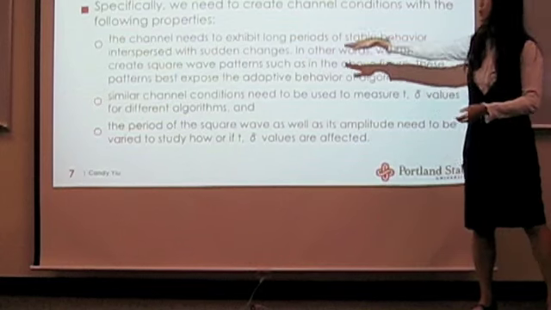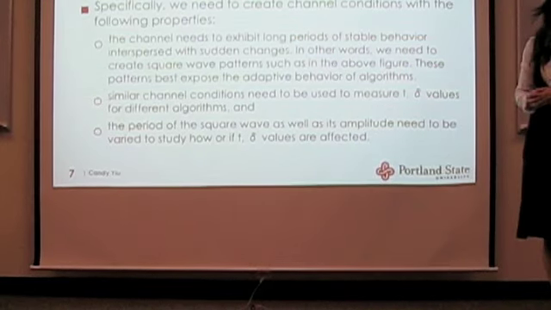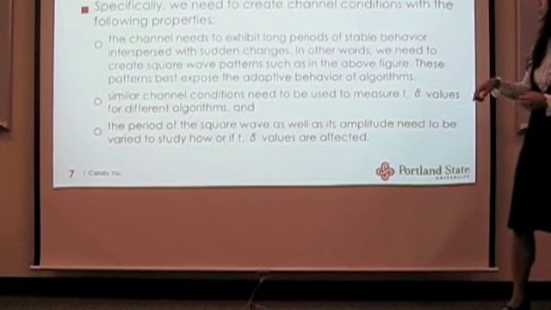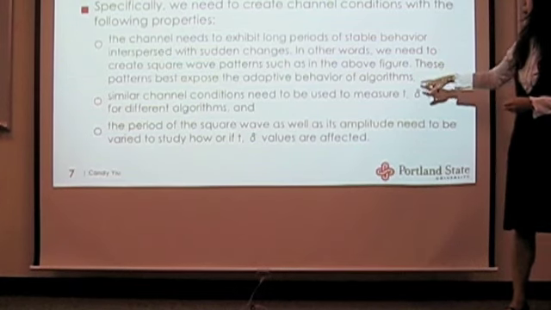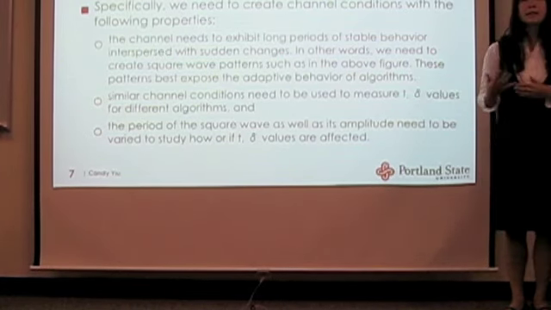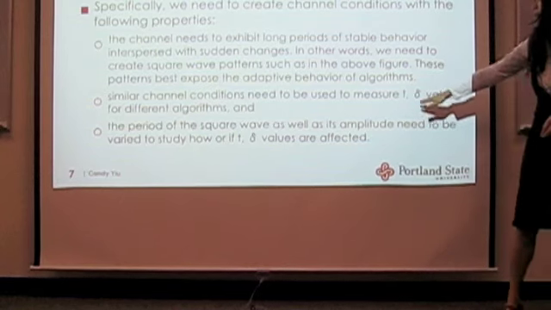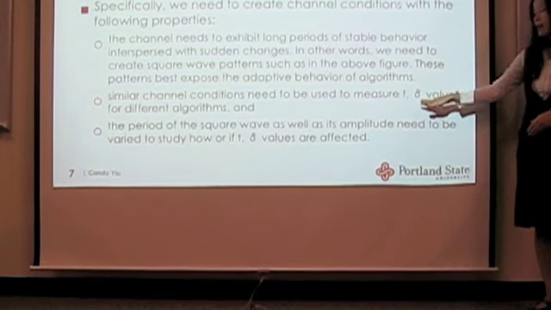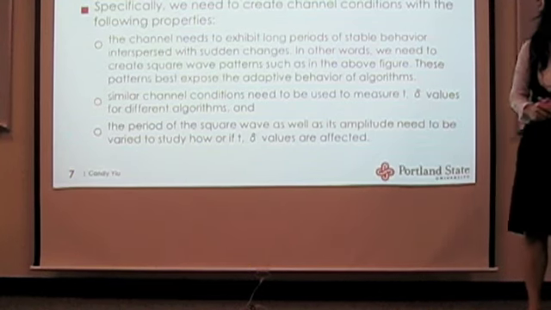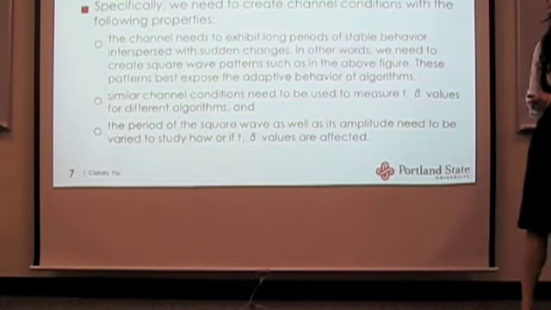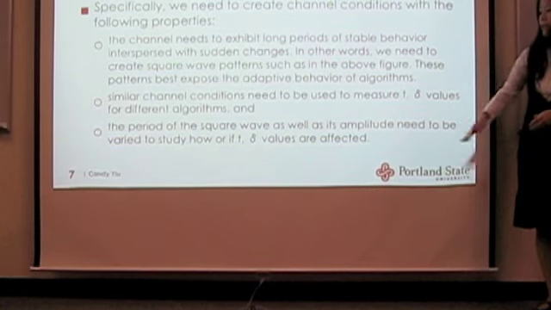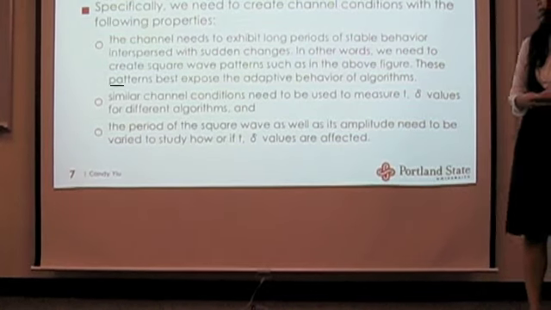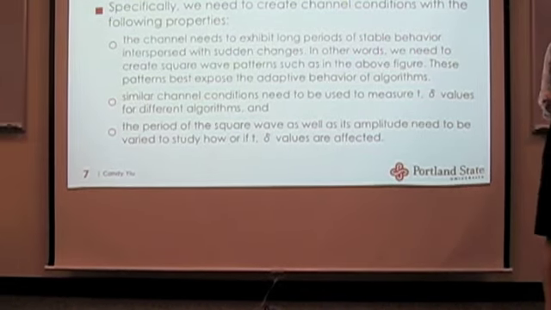For example, a square wave is a very good example, which we will show later, and it can test how the algorithms behave. Similar channel conditions need to be used to measure T and delta we just talked about. And the period of the square wave as well as the amplitude need to vary in order to study the impact on T and delta.